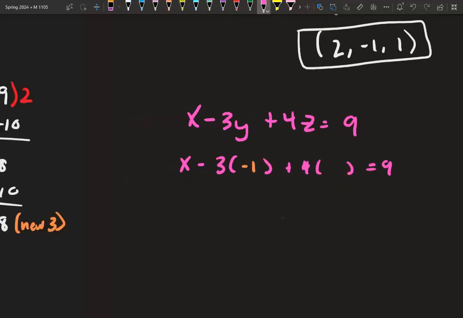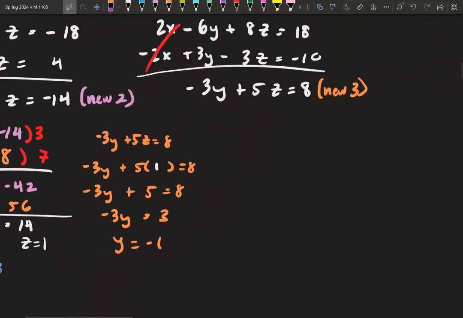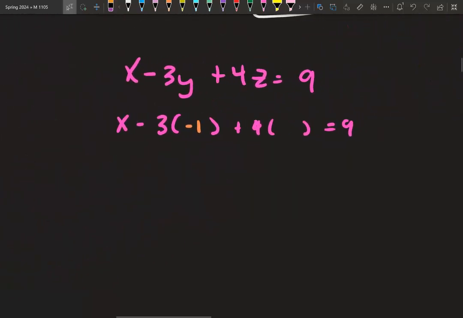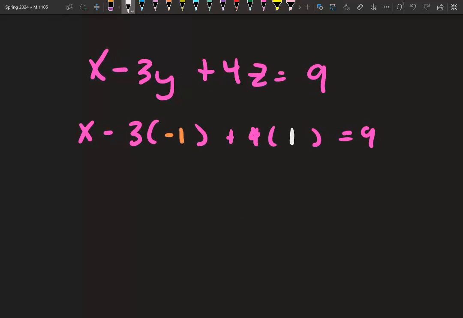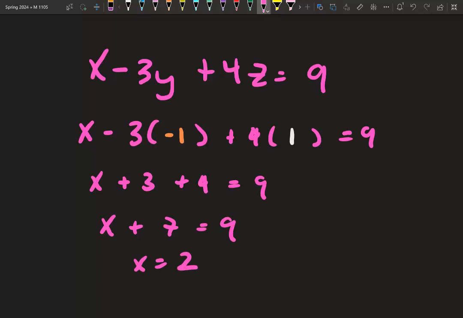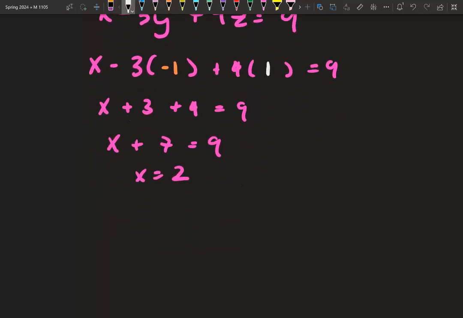When we found z, it equaled positive 1. So we have x plus 3 plus 4 equals 9. So we have x plus 7 equals 9. That means we get x equals 2. So when we write our answer, it goes x, y, z because it's a point. So x is 2, y is negative 1, and z was 1.